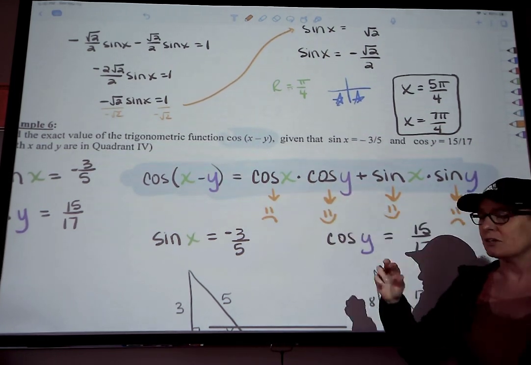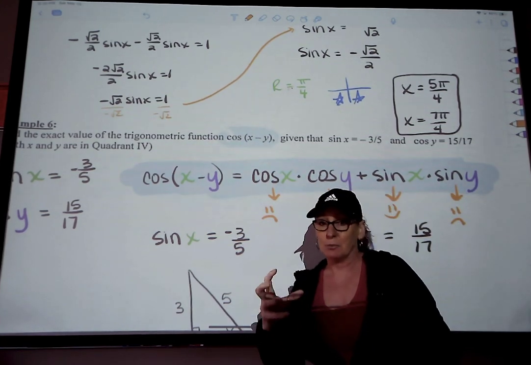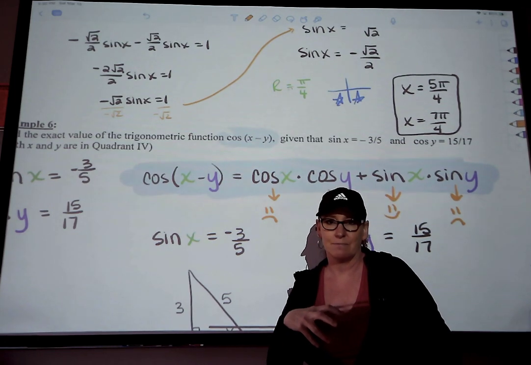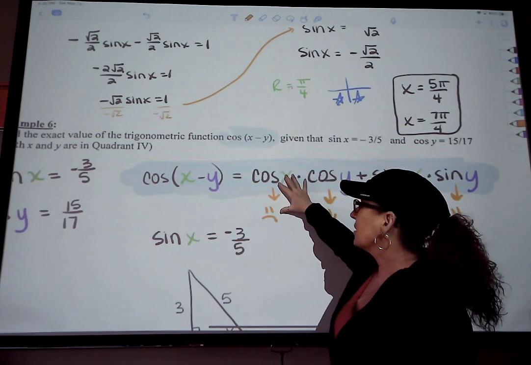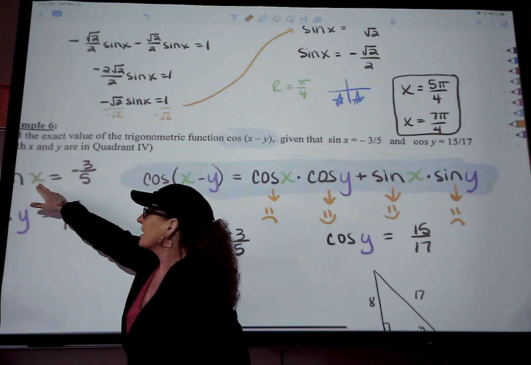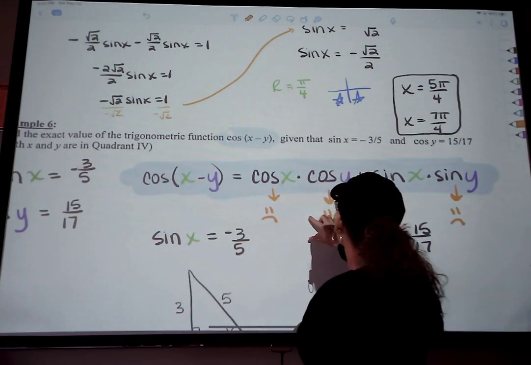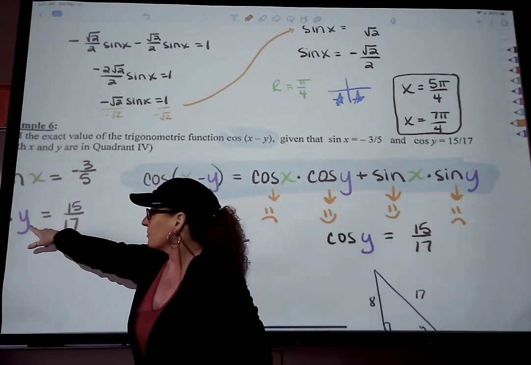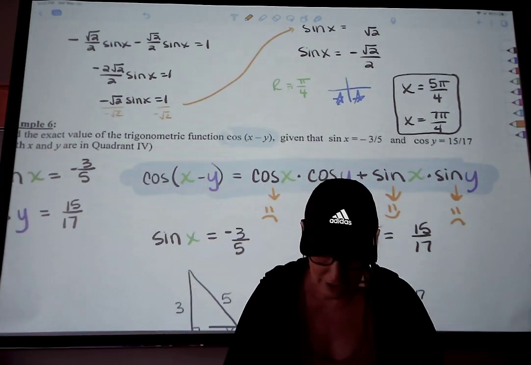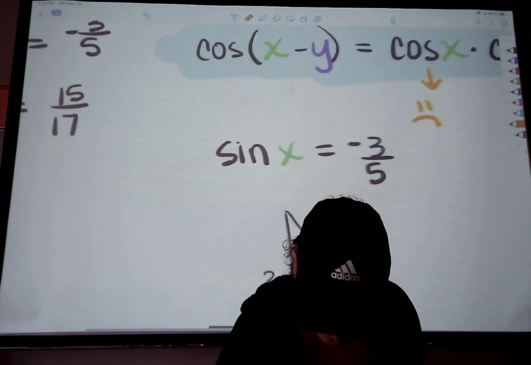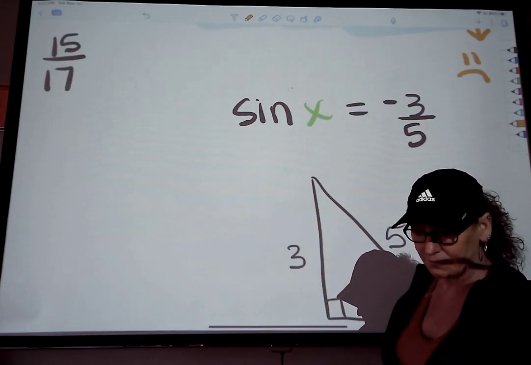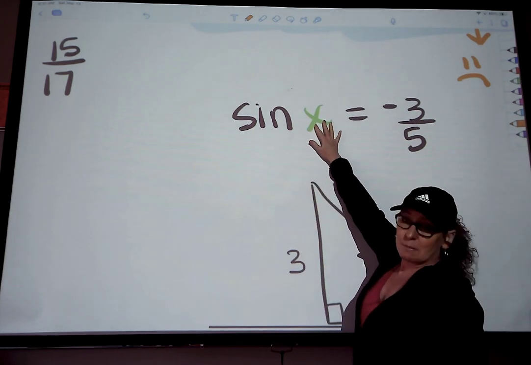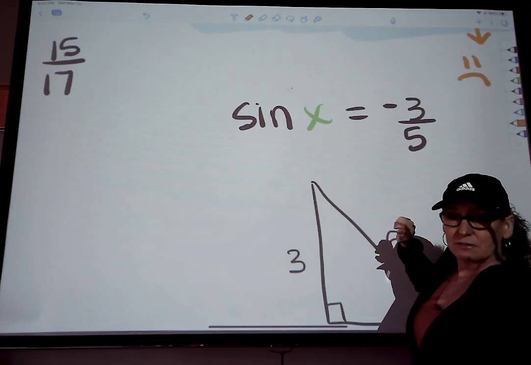But here's the cool thing: with these two pieces that I have, I can find the other missing pieces. What's missing? I'm missing a cosine for this angle, and I'm missing a sine for this angle. We can find those. Watch. Here's what I know. Sine of some angle is negative 3/5.